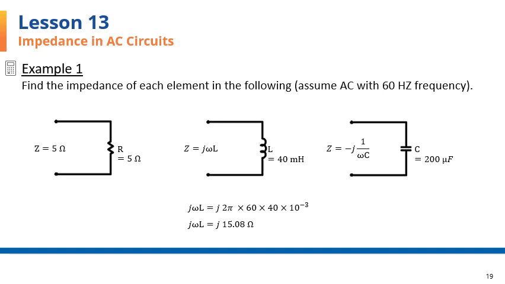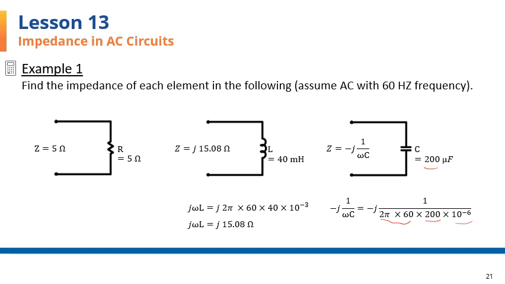For the capacitor, I'll have negative J times 1 over quantity 2 pi times 60 times 200 times 10 to the power of negative 6. And that's written out here. This is the omega part. 200 and 10 to the power of negative 6 accounts for the microfarad part.